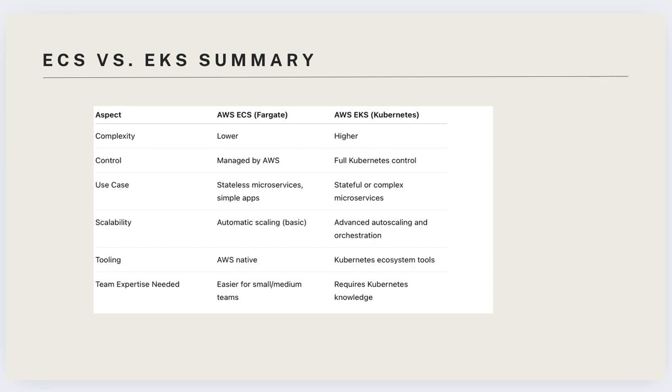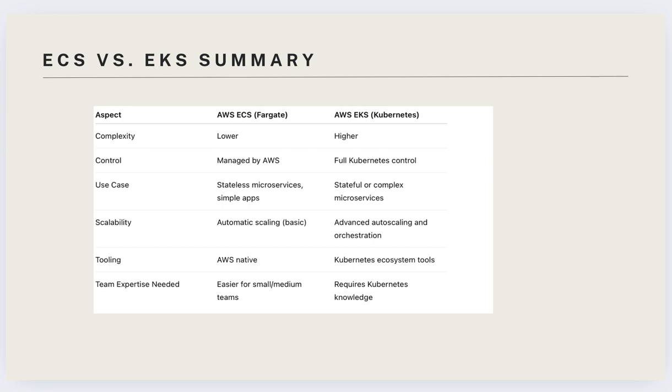So basically, ECS is great for smaller, simpler workloads and teams that want quick setup and native AWS integration. But when your app needs advanced orchestration, scalability, and flexibility, EKS is the better choice if you have the Kubernetes expertise to manage it.